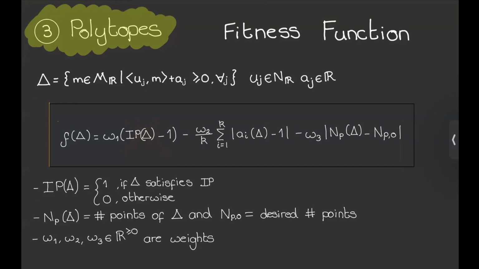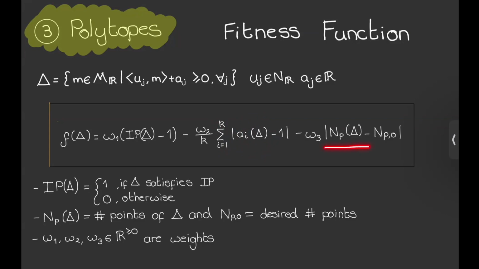In the second term, we have a sum of the distances of the hyperplanes from the origin and 1, averaged by dividing by the total number of hyperplanes. Again, if delta is a reflexive polytope, all of these distances are going to be 1, so this term will also vanish, which means if delta is a reflexive polytope, we're going to have a 0 fitness score, and if it's not reflexive in some way, then it's going to have some negative fitness.